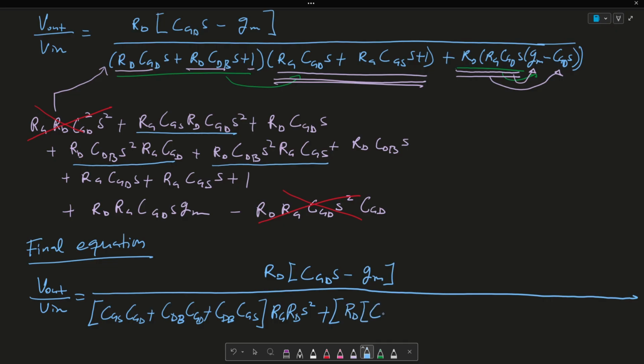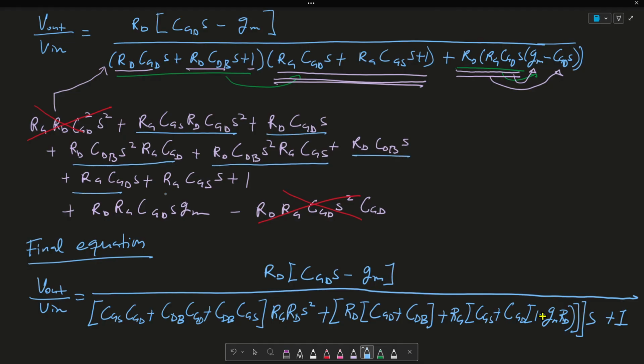And then the next term, which is the S terms, is going to be this RD times CGD plus CDB plus RG times CGS plus CGD times 1 plus GM RD, closes, S plus 1. And again, the S terms are going to be this term, this term, this term, and this term.